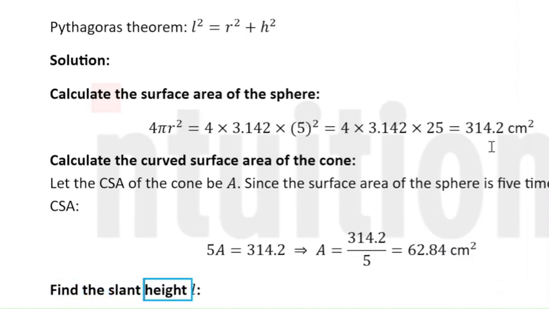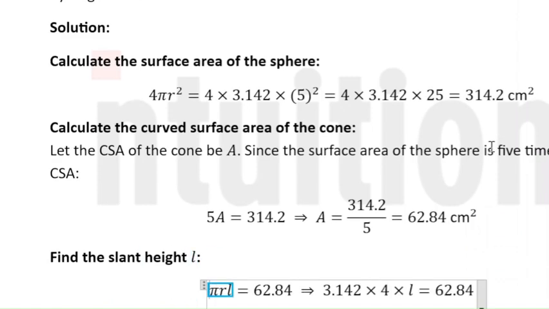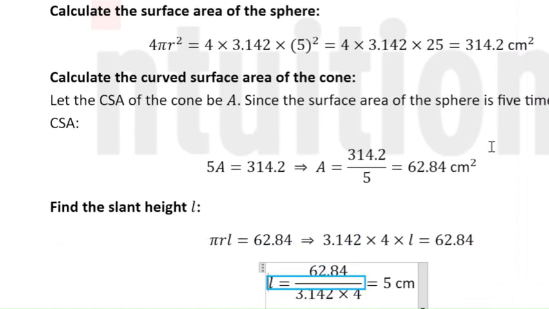Find the slant height L. Pi r L equals 62.84, which implies 3.142 times 4 times L equals 62.84. L equals 62.84 over (3.142 times 4) equals 5 cm.